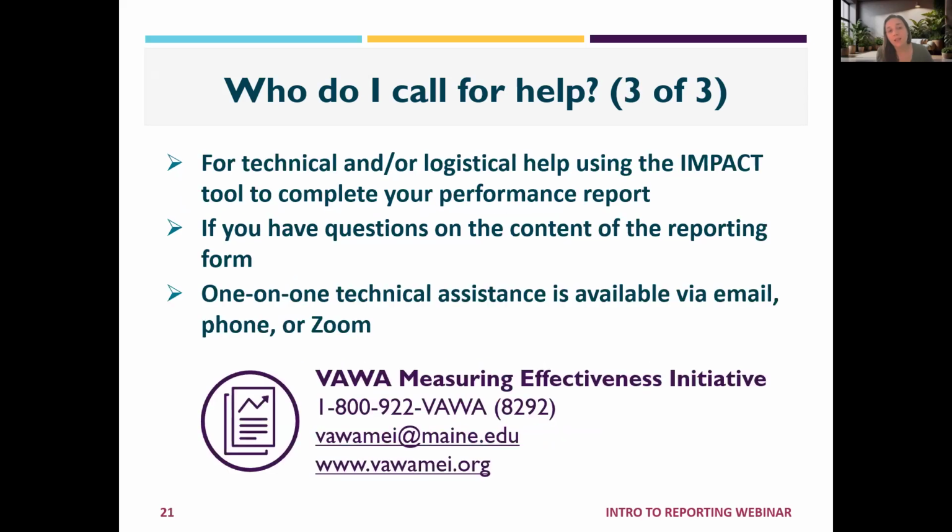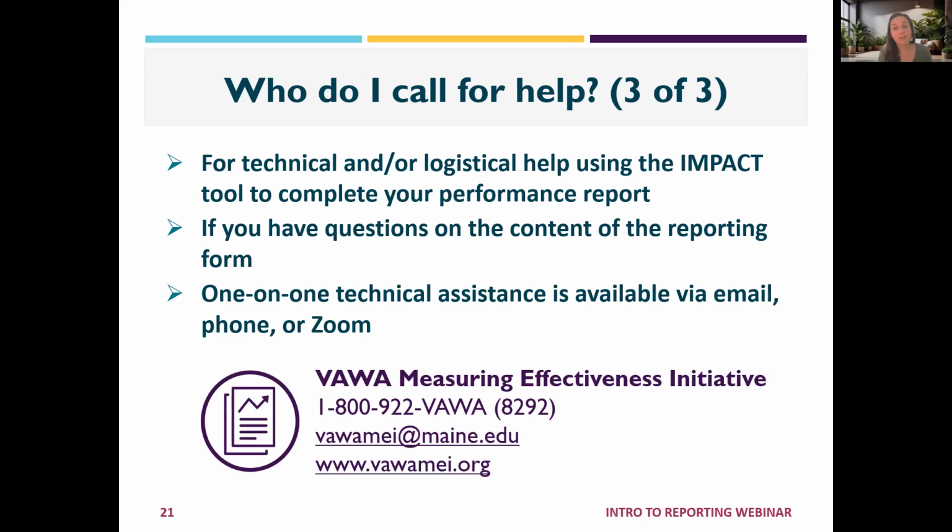And then lastly, this is our main contact information. You can see our phone number, our email address, and our website are all listed for VAWA Measuring Effectiveness Initiative, or VAWA MEI. You can reach out to us for any technical or logistical support with using the impact tool, questions you have about the content of the reporting form.